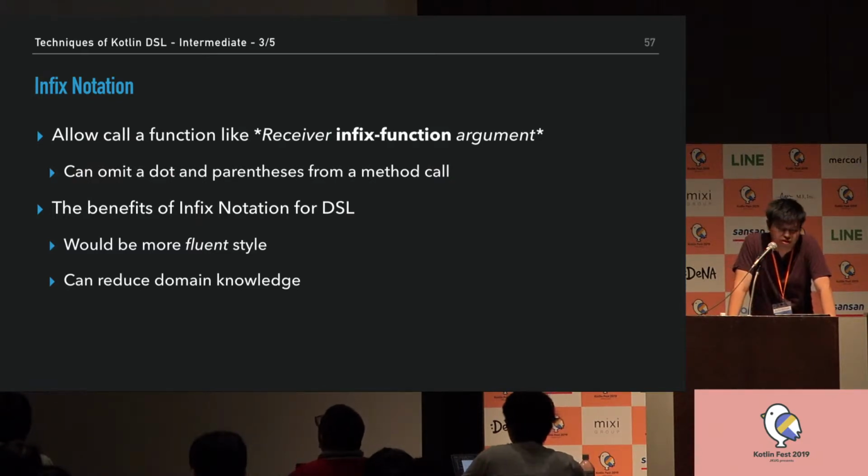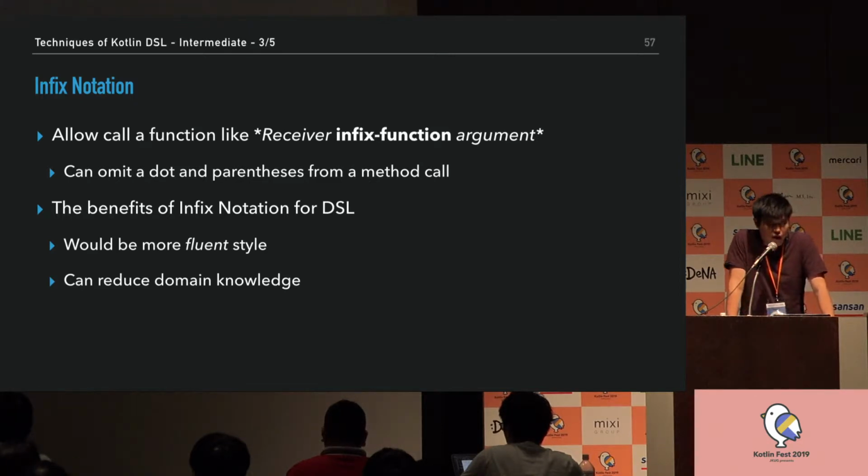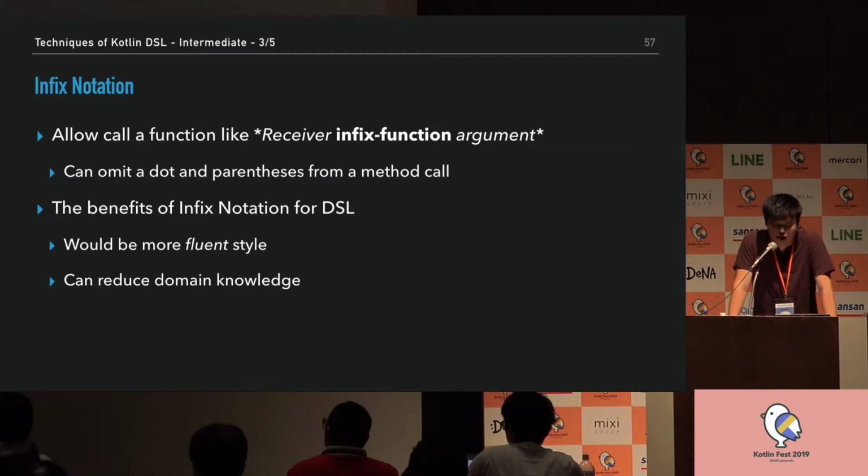Infix notation can call a function in another style. We can omit a dot and parentheses from a method call. Infix notation makes a DSL more fluent and can reduce domain knowledge from API interfaces.